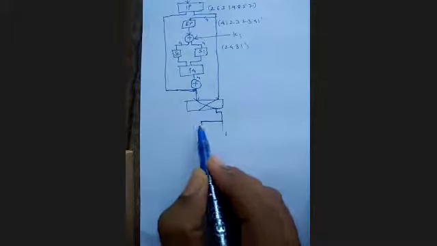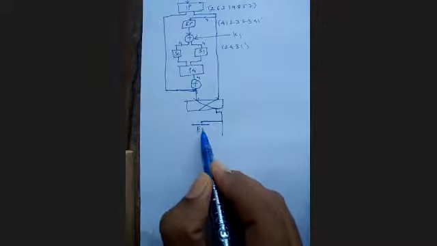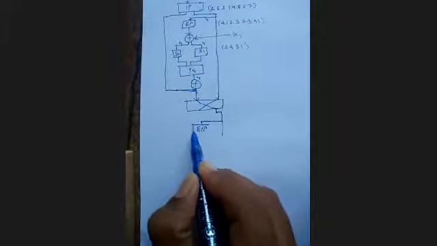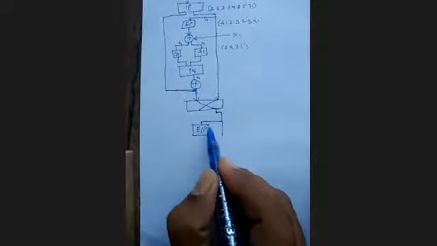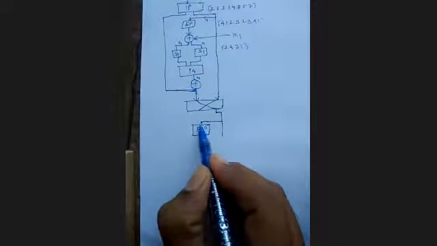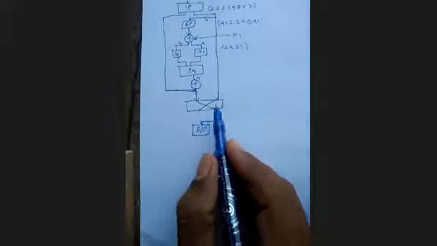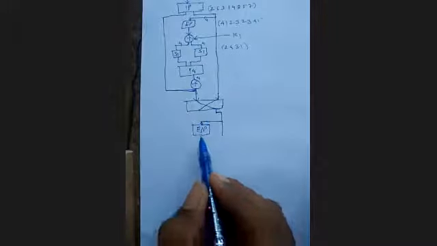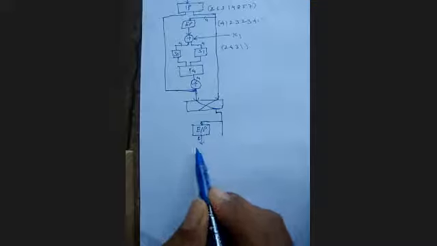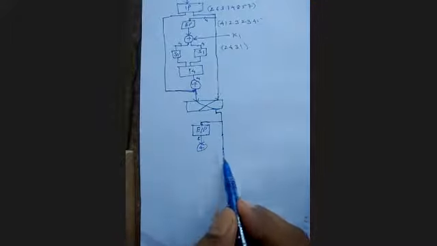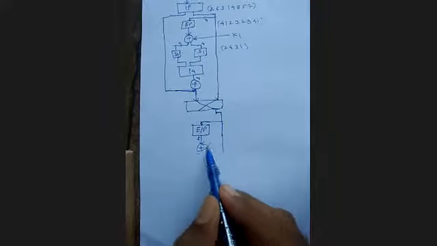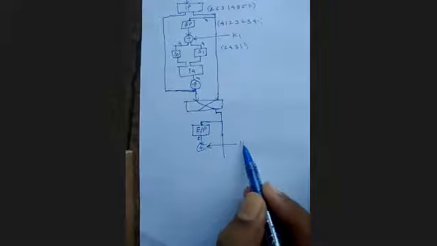Here you have to apply the EP, the expansion permutation, for the 4 bits. Now it becomes an 8-bit output. Here you have to perform the plus again, and here you add K2.